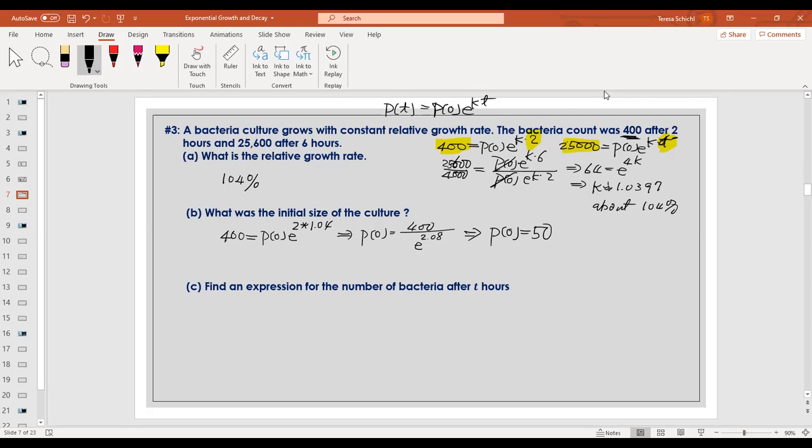Okay, and now the last part here, it tells us to find the exponential rate of the bacteria after t hours here. So I will say P(t) is equal to P0 e^(kt), and P0 is 50 times e to the k, which is 1.04, times t here.